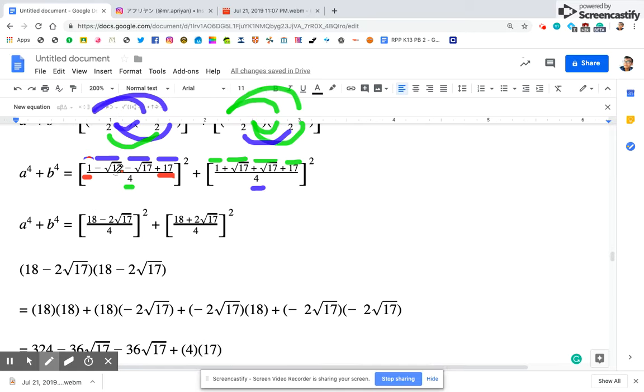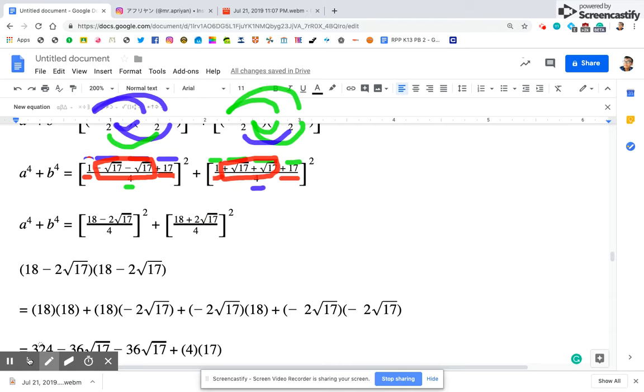And negative square root of 17, negative square root of 17 will be negative 2 times square root of 17. And 4 is still there. Same thing here. 1 plus 17 is 18. And then plus square root of 17 plus square root of 17 is 2 times square root of 17.